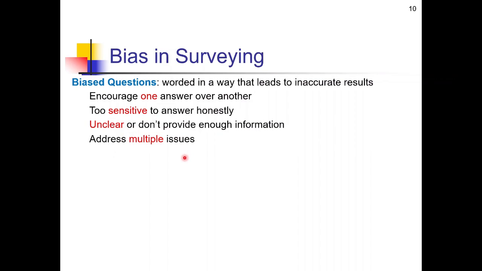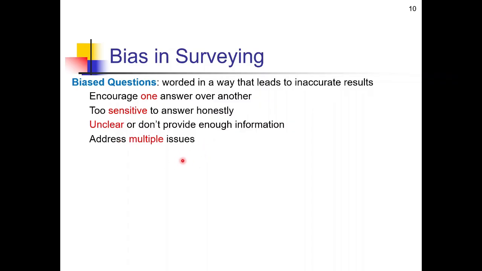Just to take a silly example of this, if you send out a survey question to students asking, for breakfast, would you like green eggs and ham? Well, there might be people who like the green eggs, there might be people who like the ham, but not the other, not both. So you're not really untangling those different pieces, you're making it kind of a package deal. So that might not give you all the information that you wanted out of that.